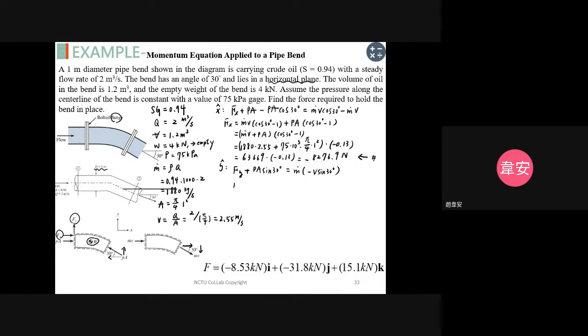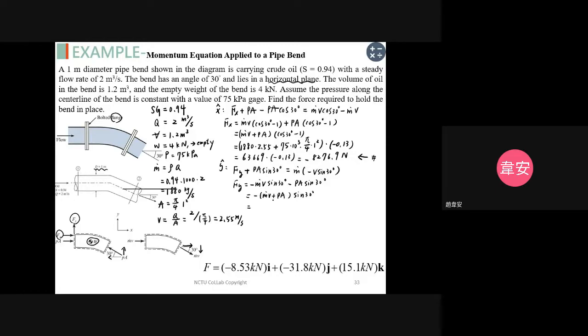So we make the balance, so Fy is equal to minus mass rate V sine 30 degrees minus PA sine 30 degrees. So the Fy is equal to minus mass rate V plus PA, multiplied by sine 30 degrees.